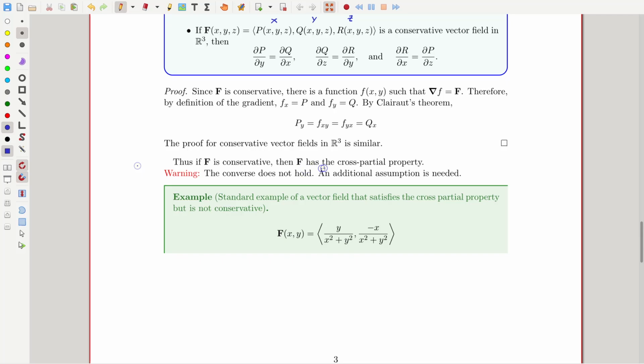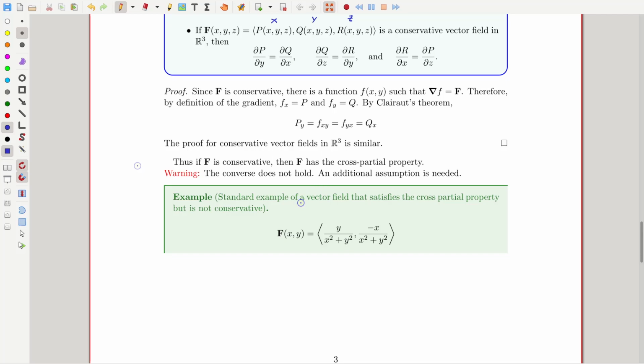F satisfies the cross-partial property and also something that we'll cover later on, but I'll say it now: the domain that f is on has to be simply connected, which effectively means that it can't have any holes in it. Otherwise the statement is not true, and it is not true for a very good reason.